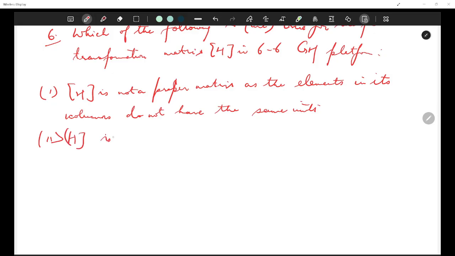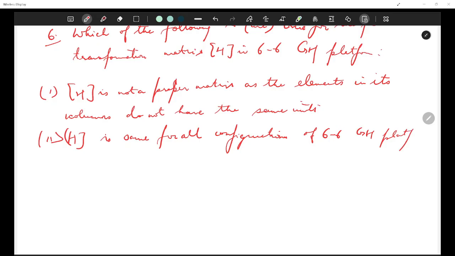H is the same for all configurations of 6 Gough-Stewart platforms.